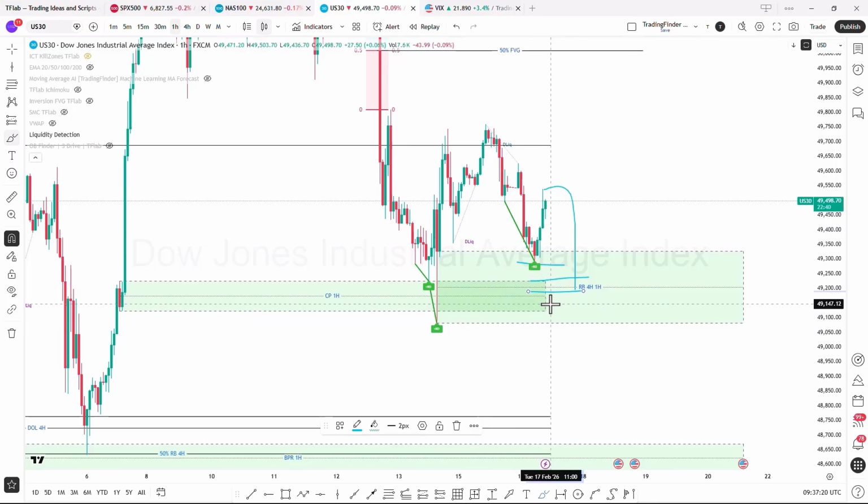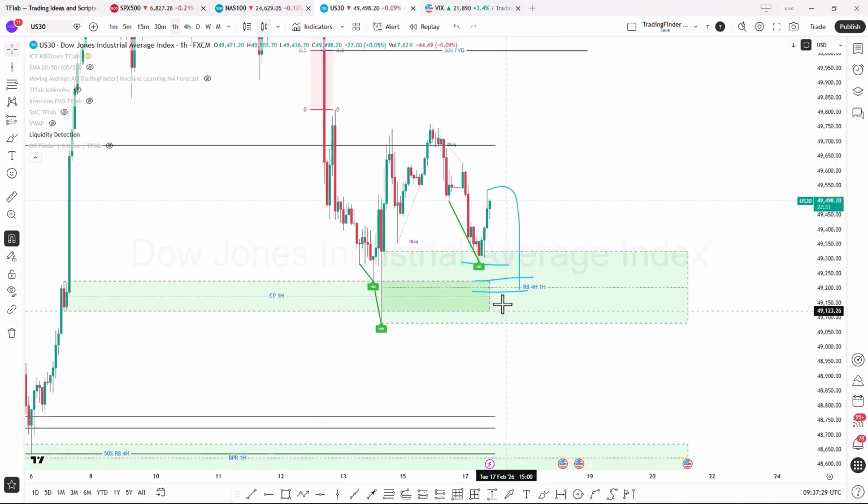For strategy number 2, in a scenario where both a rejection block zone and a CP or continuation pattern zone are clearly present, these two zones overlap, so the price can enter this area. And after that, by identifying signs of weakness in the downward trend and receiving confirmation, we can enter a buy position.